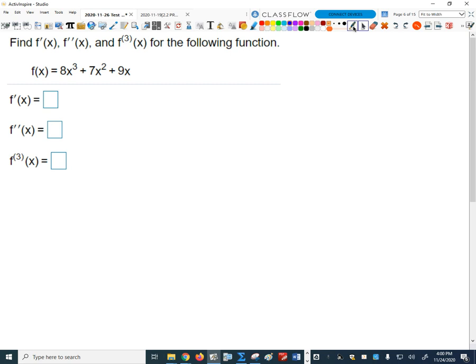So I'm going to get 24x squared plus 14x plus 9. Second derivative, I'll just go again. I'm going to get 2 times 24 is 48x to the 1, I'm just subtracting 1 from all the powers, plus 14, derivative of 9 is 0. And then finally, the third derivative is just going to give me 48.